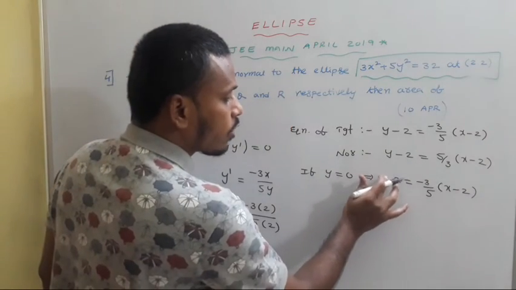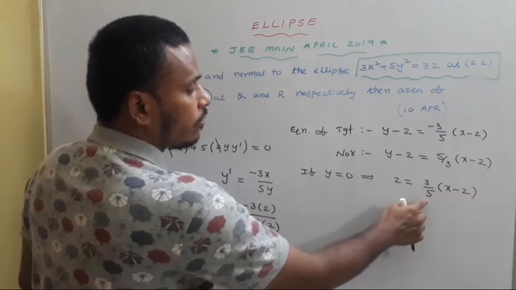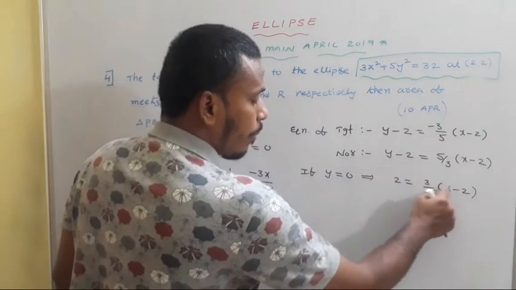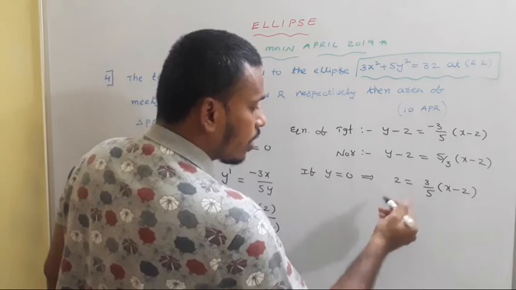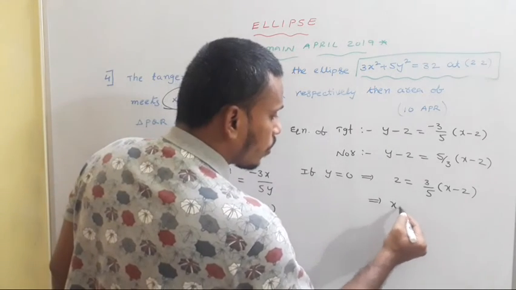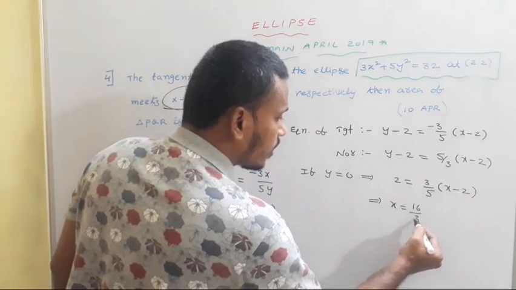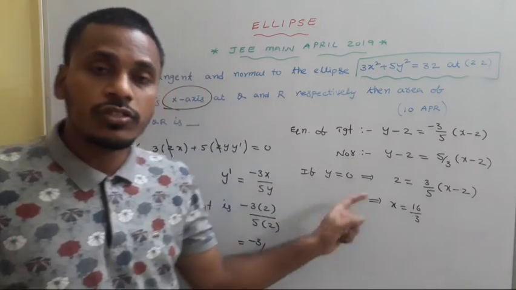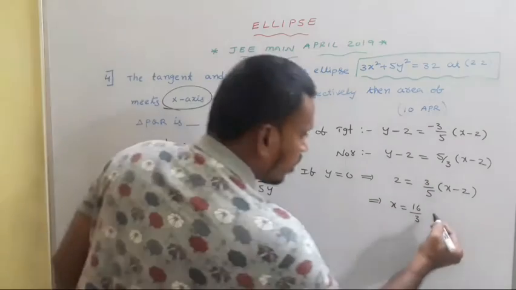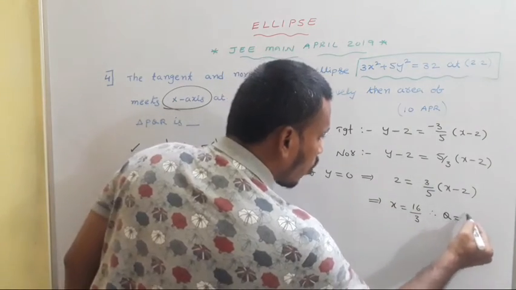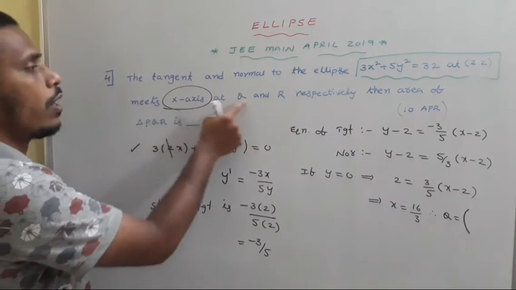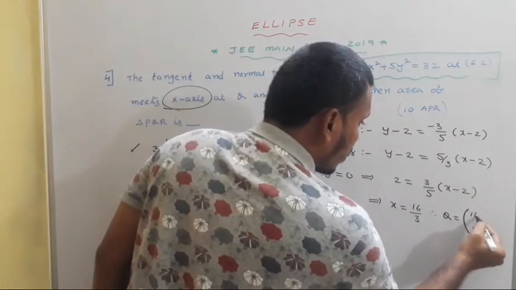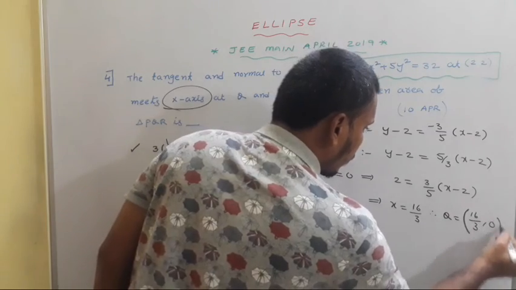Cancel out the minus, then 5 into 2 is 10, and this is 3x minus 6, so 16 by 3. So x equals 16 by 3. What to say about the coordinates of Q? The tangent intersects the x-axis at Q, so Q is 16 by 3 comma 0.